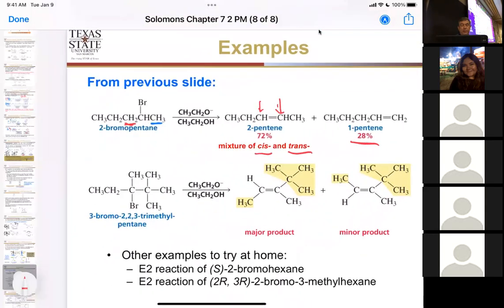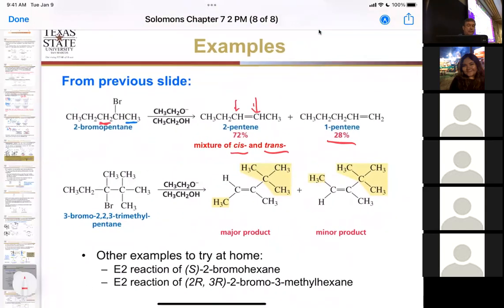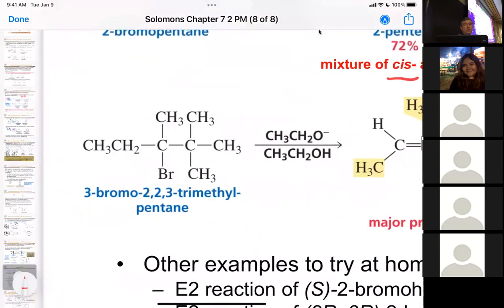Okay, but what can happen is, if we look at this group here, all right, so this is going to give us our most stable alkene, right? So we want to do it on that side, right? We cannot make an alkene with that carbon. Why?